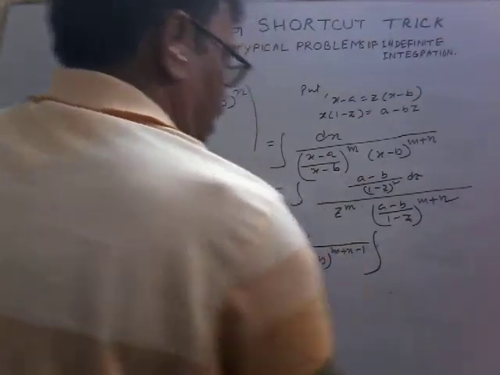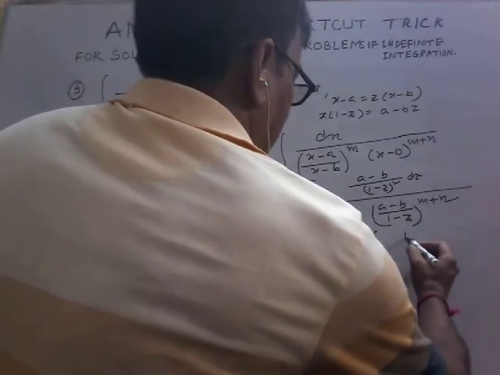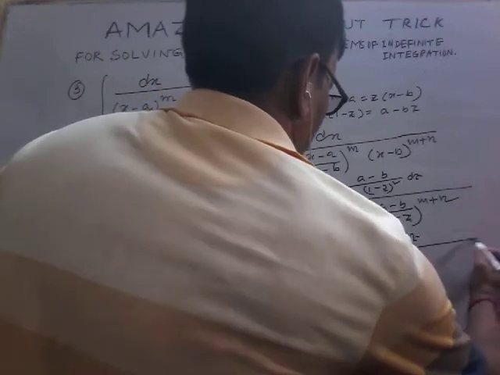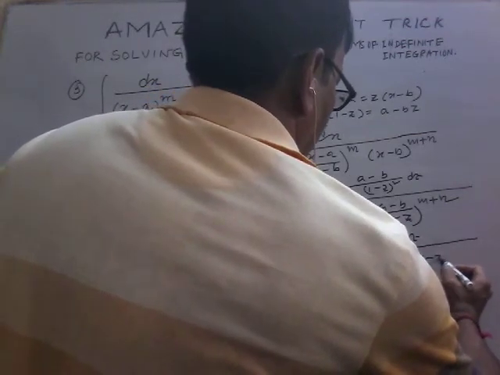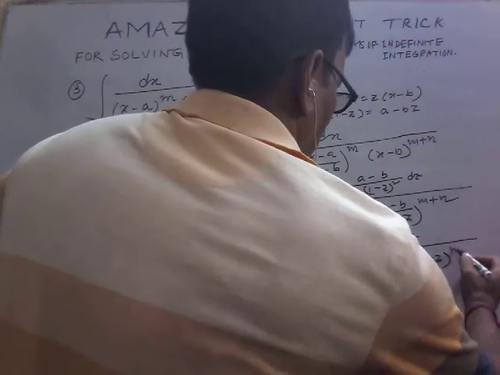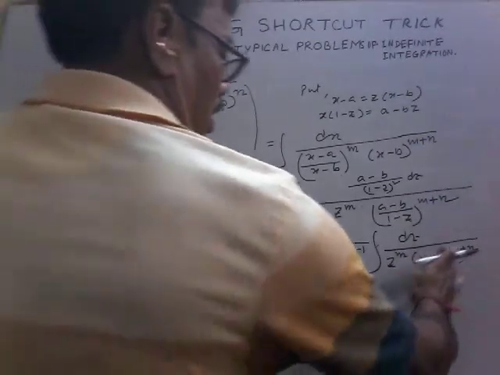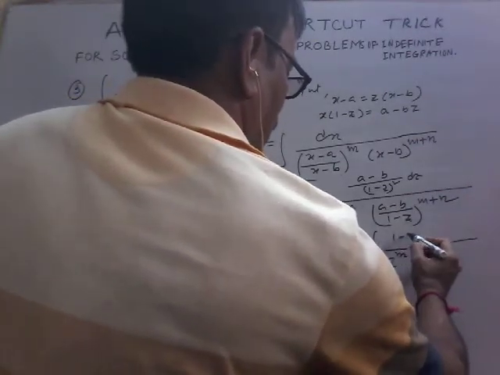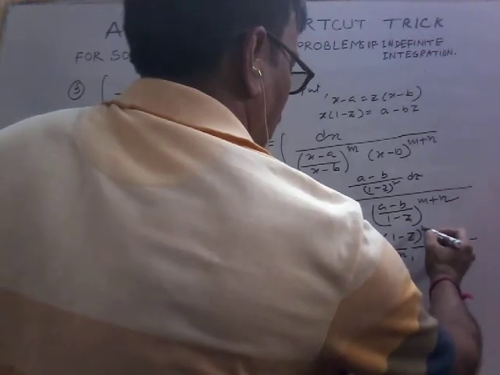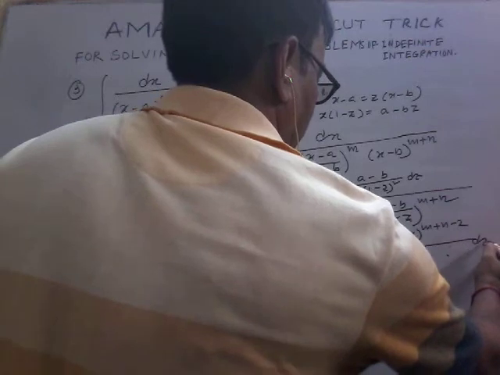And integration, this is constant, so dz by z to the power m and (1 minus z) whole to the power m plus n. Look, 1 minus z at the numerator, so (1 minus z) whole to the power m plus n minus 2 dz.